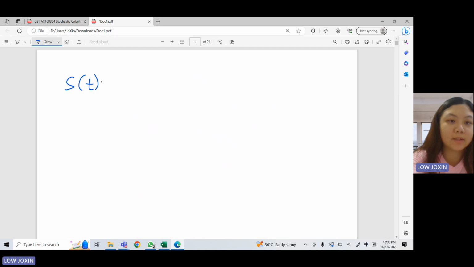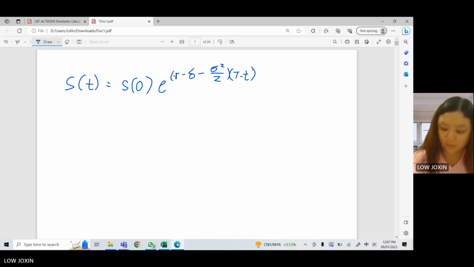So the stock price will be the initial stock price multiplied by e^((r − δ − σ²/2)(T − t) + σ√T Z), where Z is the Z value.